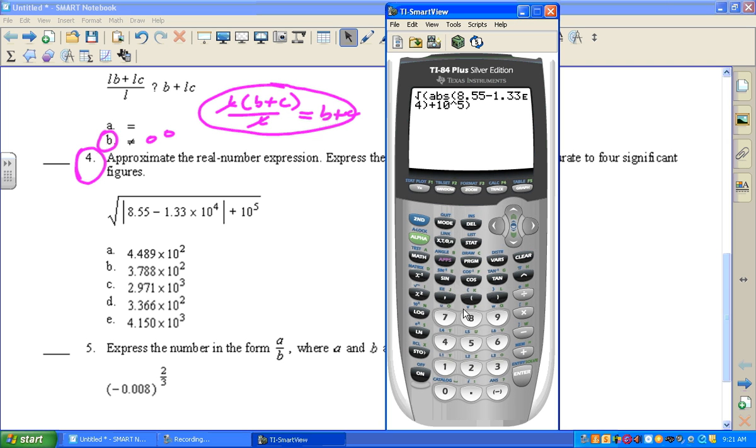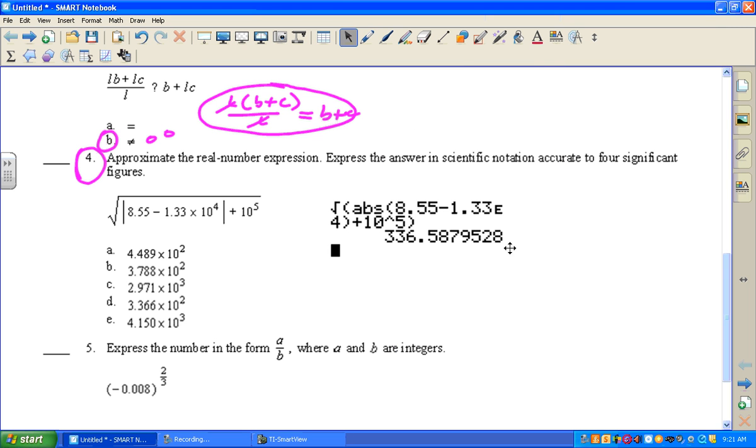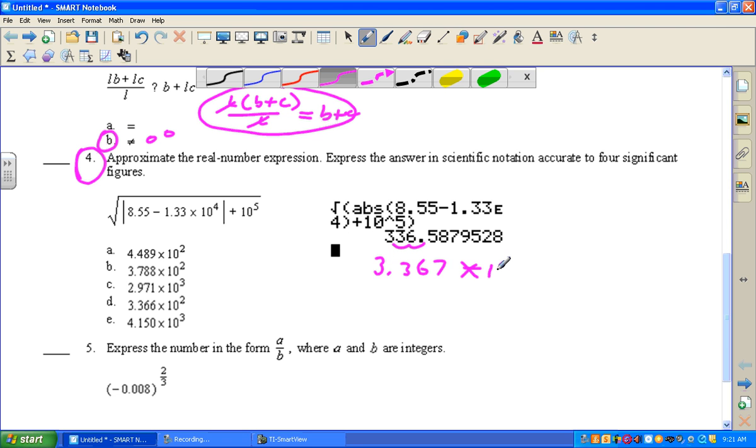That's right above the comma on my calculator. And now they wrote their answer in scientific notation, so that's 3.367 times 10 to the second. Nice! You don't need it. You can use caret.